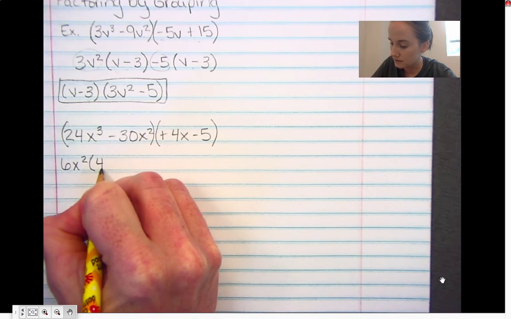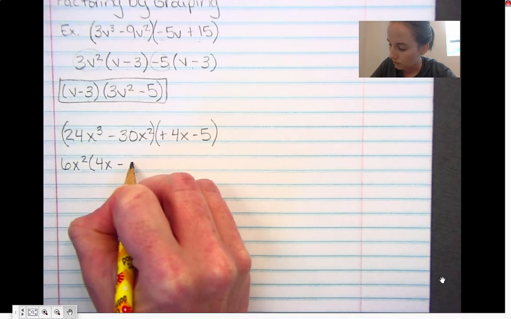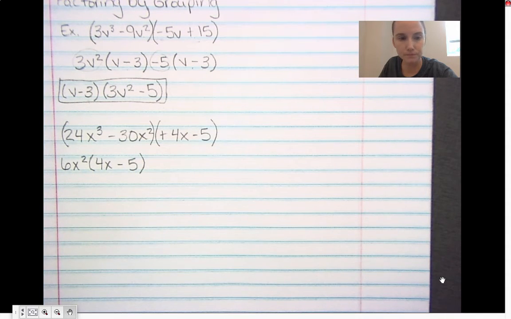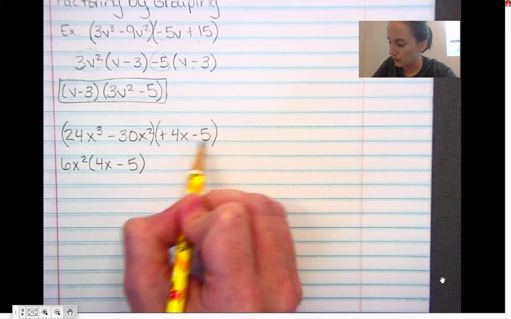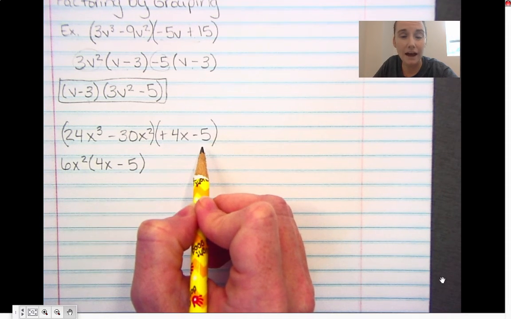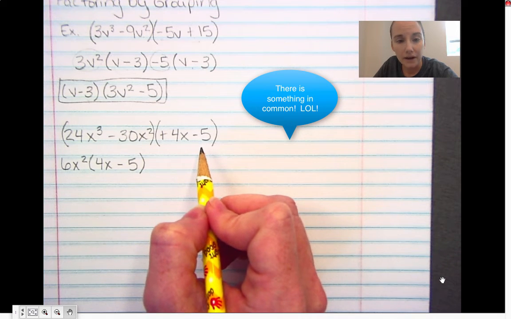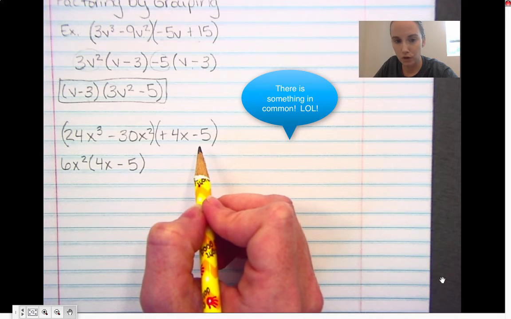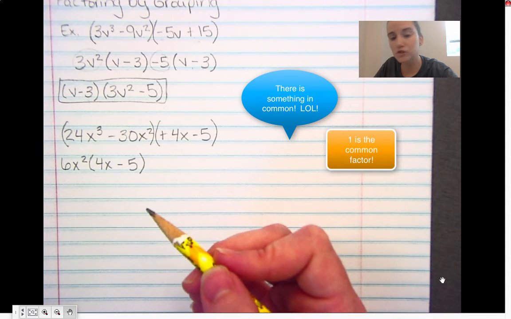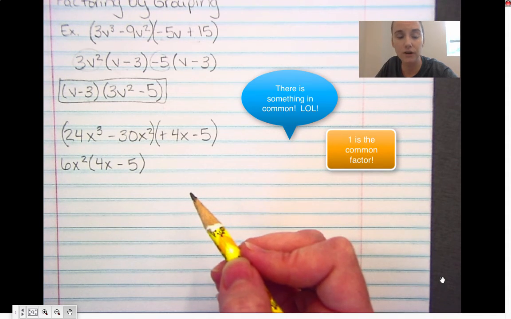We have 4x minus 5 left in the first term. And then if you look here, the numbers, there's nothing to take out. There's nothing in common. But I do need to show something happening. So since there's nothing in common, I'm just going to factor out a 1.